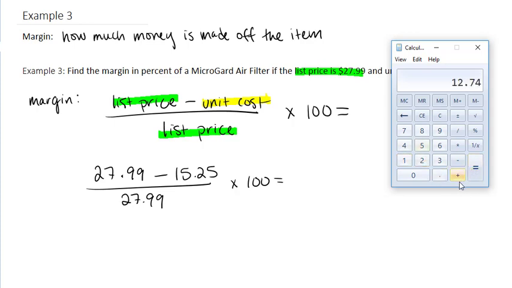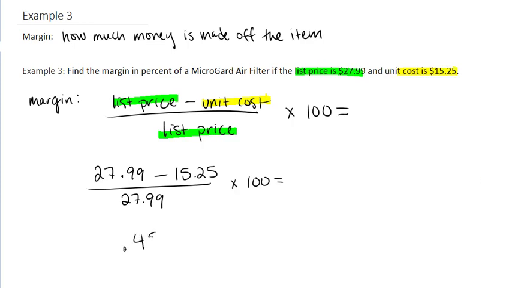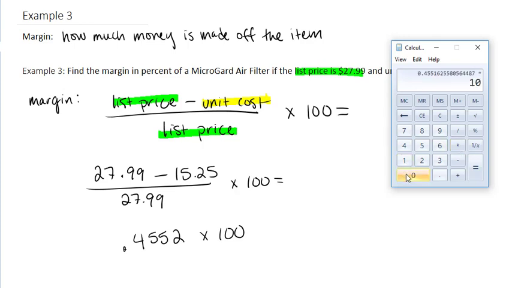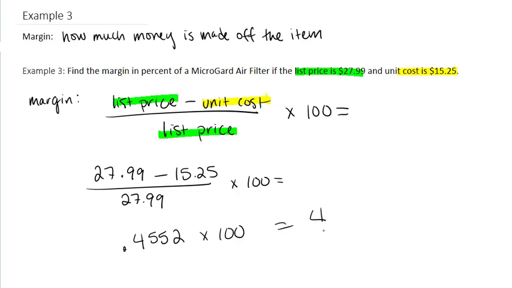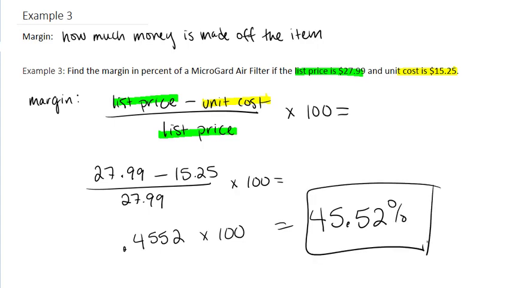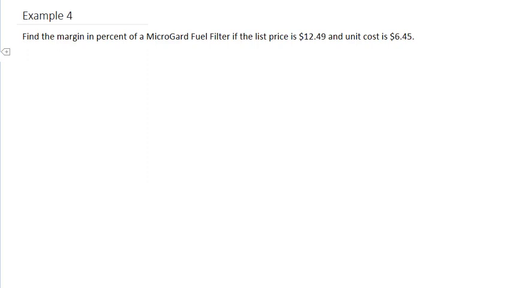So we get 12.74 on the top, and then we'll divide by 27.99, and we get 0.4552. And then we're going to multiply it by 100. And we get 45.52. And this is all in percent. And this is our margin in percent. So let's go look at another example.